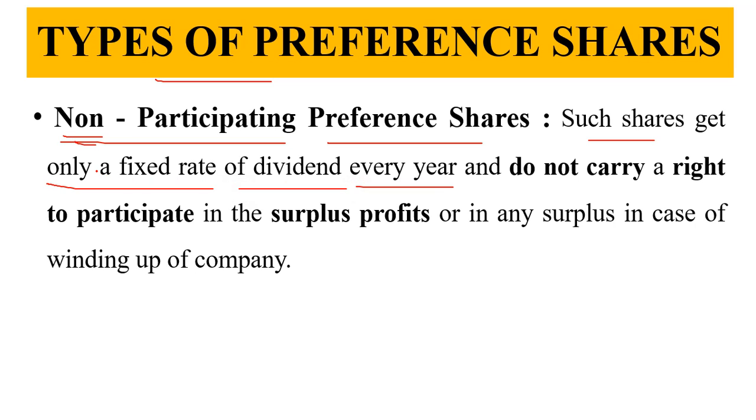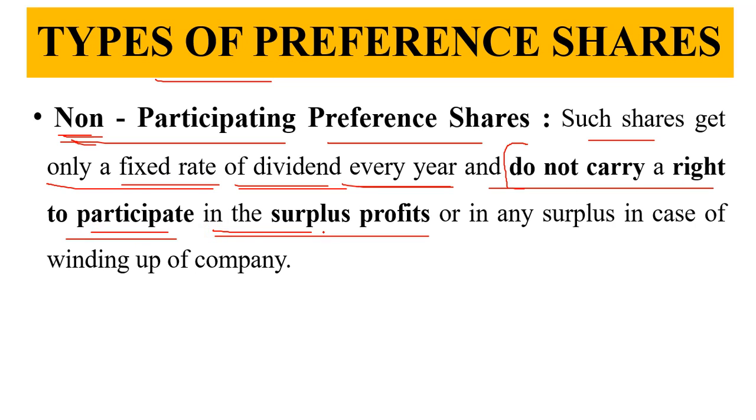Participating shareholders get the fixed rate of dividend, plus a right to participate in the surplus profit, whereas non-participating preference shareholders get only the fixed rate of dividend every year. They do not carry any right to participate in the surplus profit.